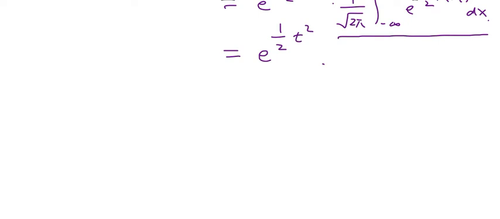According to the definition, the moment generating function of T is E of e to the tT.